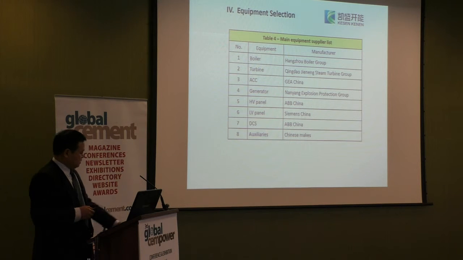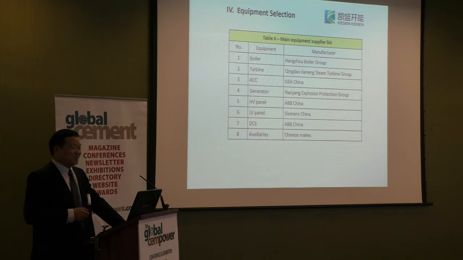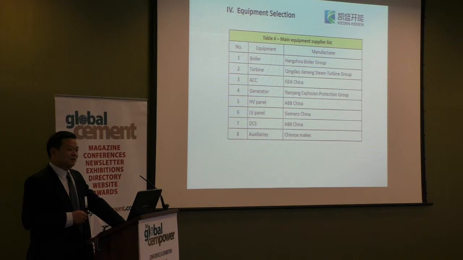This slide has a lot of details for this project. The price is based on the selection of the subcontractors. For the boiler, we choose Hangzhou Boiler, our long-term strategic partner. I think it's the best one for traditional WHR boilers. For the turbine we choose Qingdao.